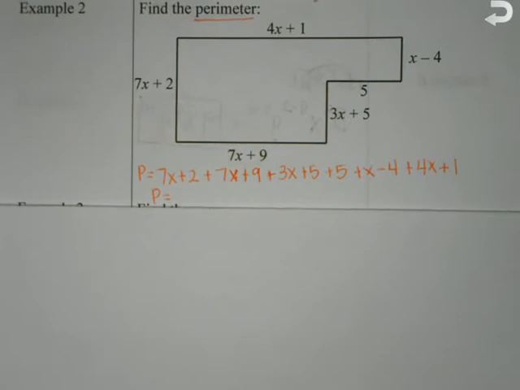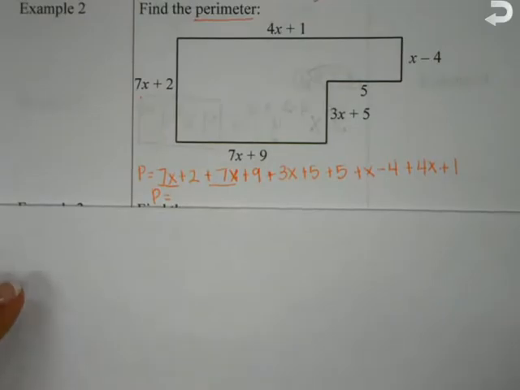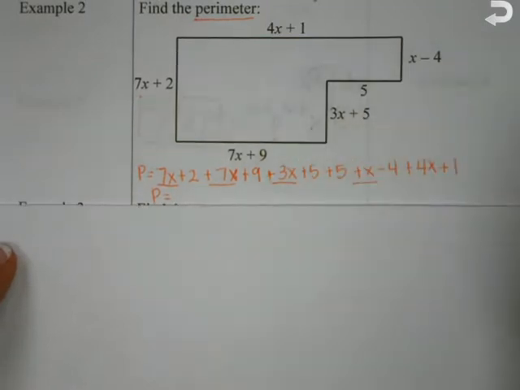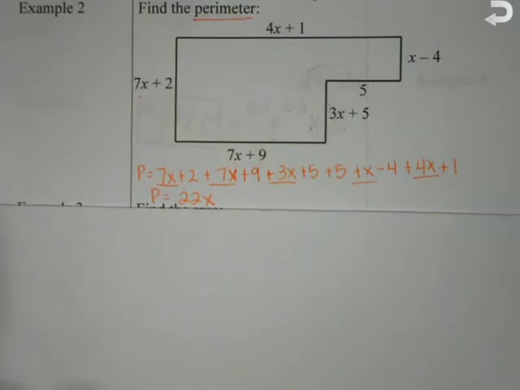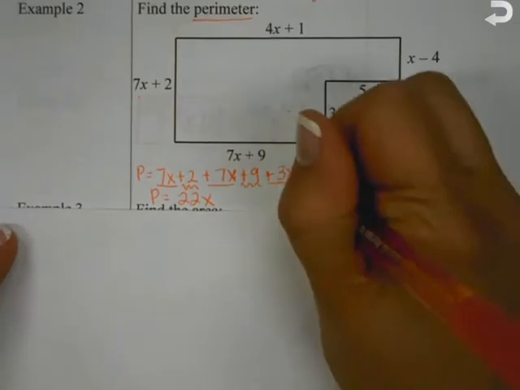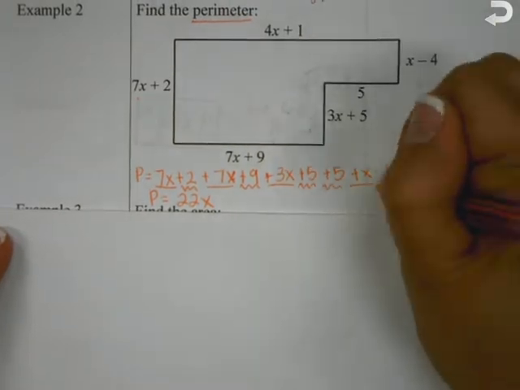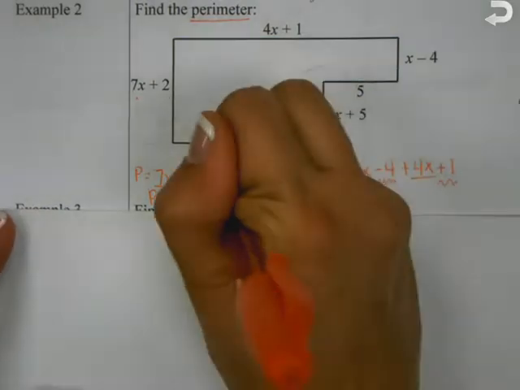So let's look at x's first. 7x plus 7x gives me 14x plus 3x, 17x plus 1x, 18x plus 4x, 22x, and then let's add up all of the numbers. 2 plus 9, 11 plus 5, 16 plus 5, 21 minus 4, 17 plus 1, 18. So my perimeter is 22x plus 18.